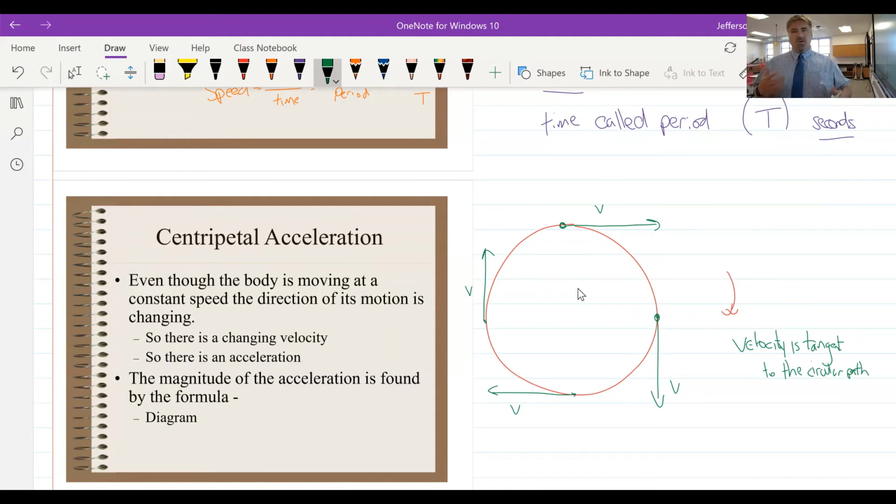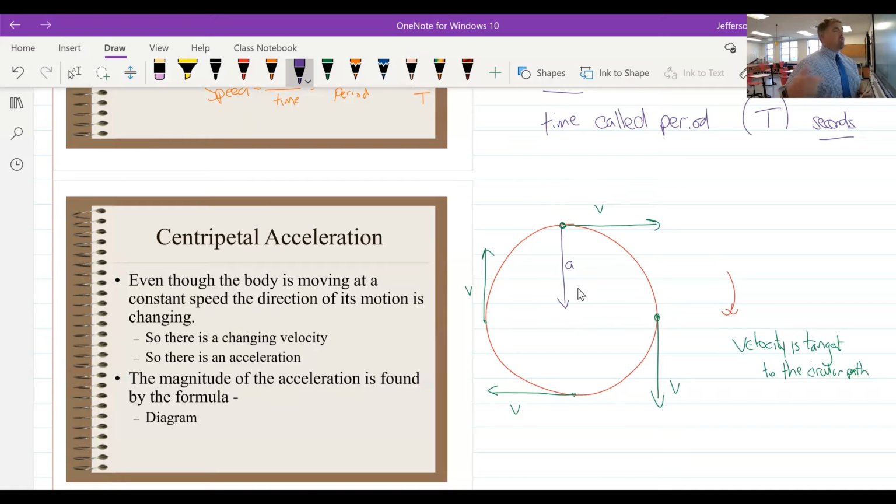By tangent, you should remember this from math, it intersects the circle in one point. But in order to get this velocity to change, if my velocity is traveling to the right when it's at the top and I want it to go down, I'm going to have to cause an acceleration down. That's going to be my change of velocity.